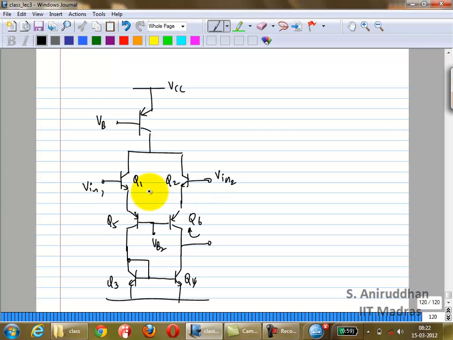Now you have still not solved the common mode problem. What is the common mode of this guy? What is the input common mode? That's it.